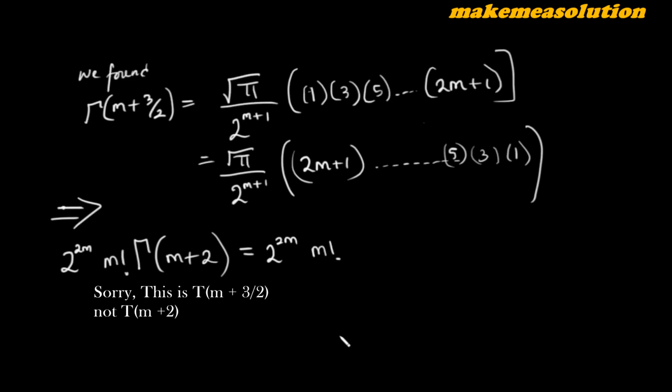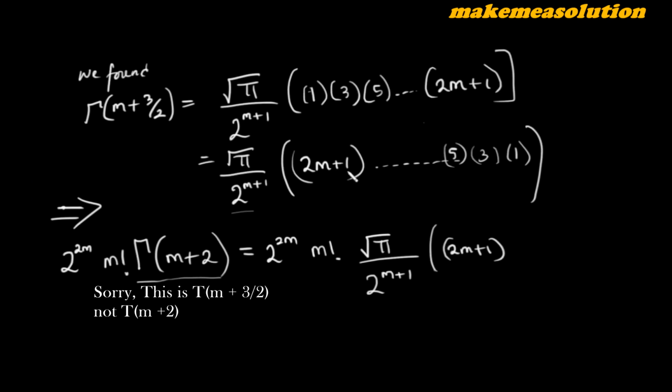I'll be solving it gradually so that we understand what is happening. Then I replace this with the expression over here: root pi over 2^(m+1), then the product of odd numbers, 2m plus 1, and you keep going down.